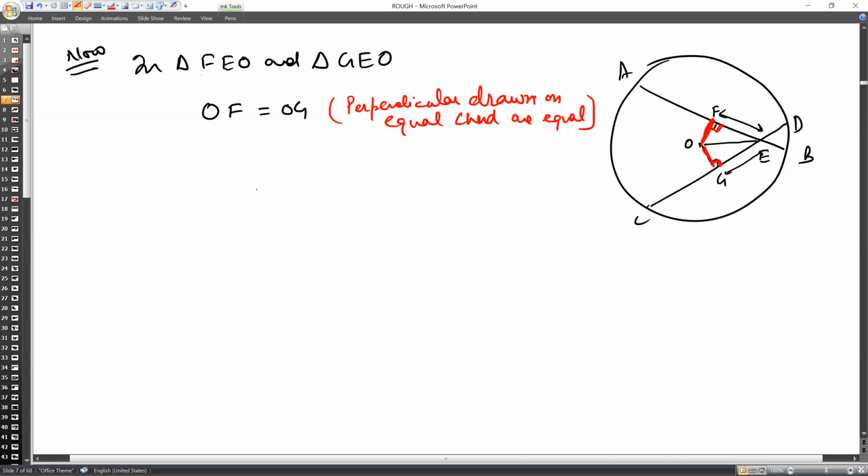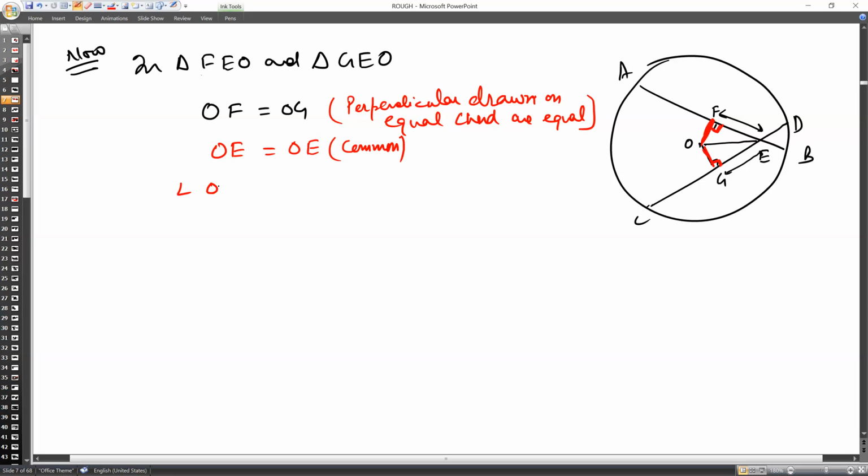And now you will see that OE is equal to OE, common. This is common. And the next one is angle 90 degrees. You can take angle OFE.